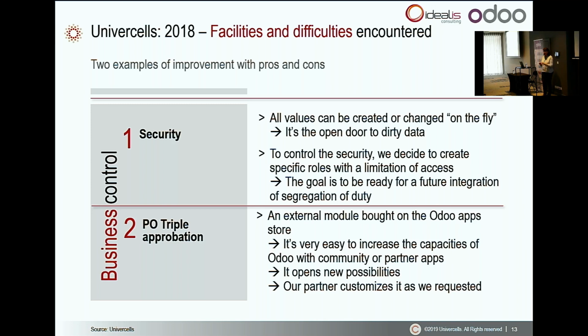But when you are in a company with people who are not aware of the impact of what they do, you create low-quality data. Sometimes I use the term dirty data, because some person can enter a name with a lot of specific characters, and the system asks automatically, do you want to create this new value? And you can say, okay, yes, I want.